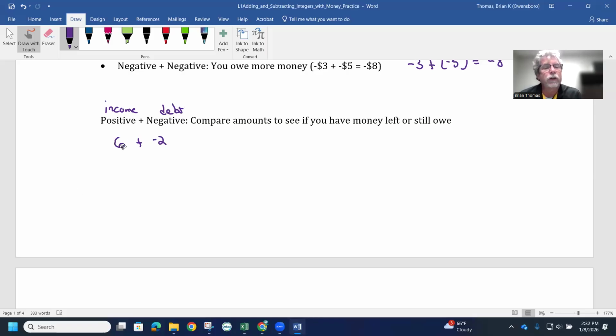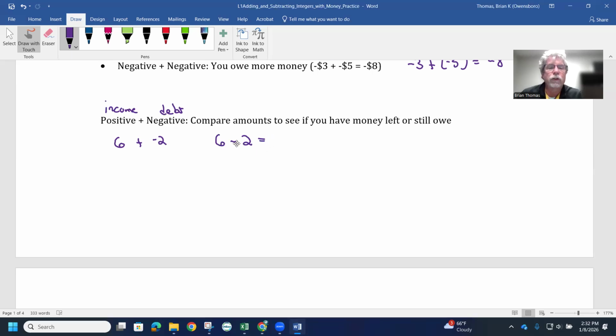So if I have a $6 income and I add it to a $2 debt, notice that this $2 debt removes $2 from income. So technically, this problem also means the same thing as 6 minus 2, because I'm removing $2 from what I already have.